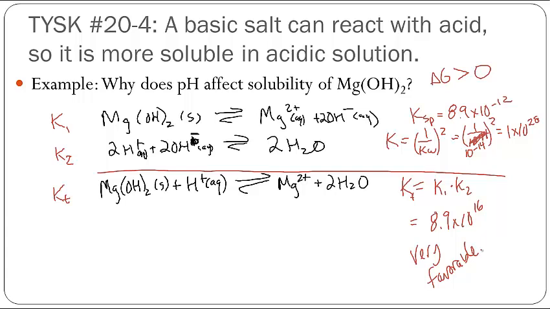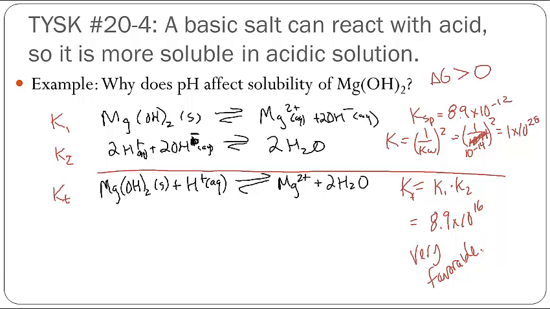So if you want to look at it conceptually, as soon as you make the hydroxide ion, it reacts with H plus and sucks it away. So what does that mean is constantly happening to this value? It keeps going down and down and down.